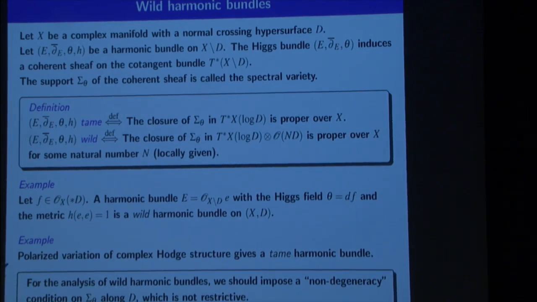And let me remark, for the analysis of wild harmonic bundles, we should impose a non-degeneracy condition on the spectral variety along the hypersurface D. But it is not so restrictive, because we have some projective birational morphism: if we take the pullback of the harmonic bundle by the projective birational morphism, then this condition is satisfied. So this is not so restrictive.